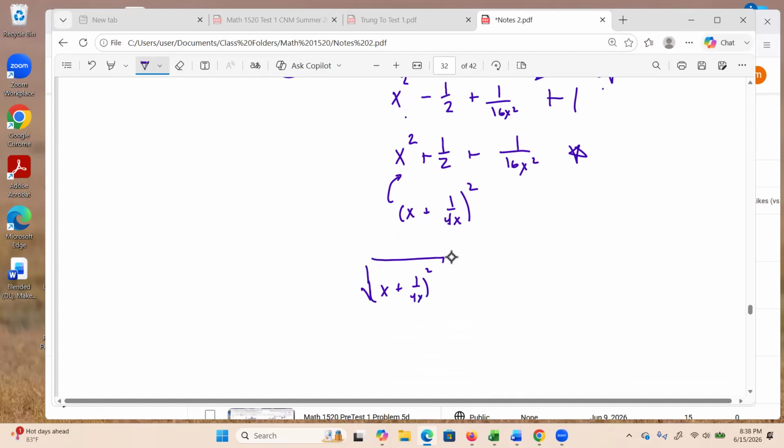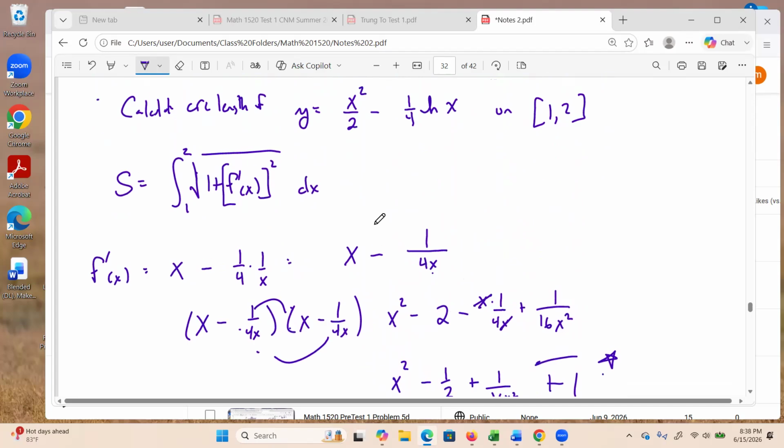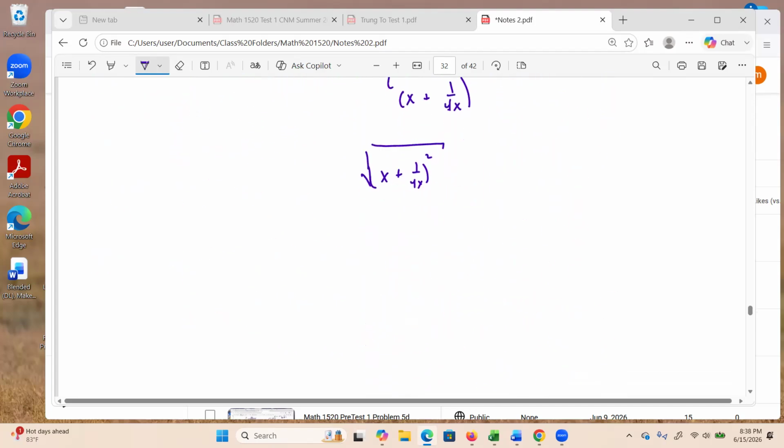What was our interval again? Our interval went from 1 to 2. That's always going to be positive. We don't need absolute values. Doesn't that work out nicely? So we have the integral from 1 to 2, take the square root, we have x plus 1 over 4x dx. That's not too bad of an integral, we'll be able to do that.